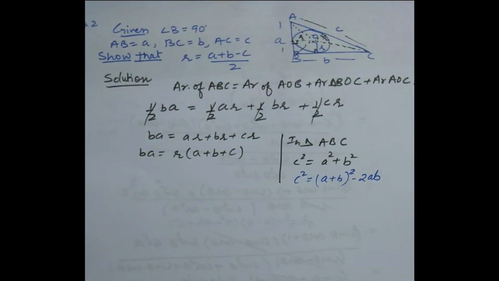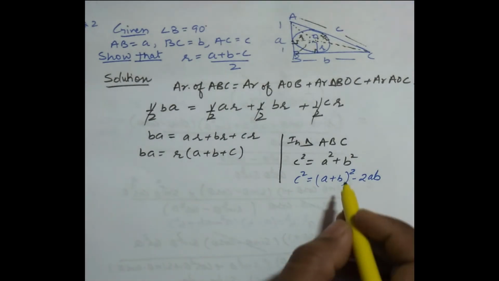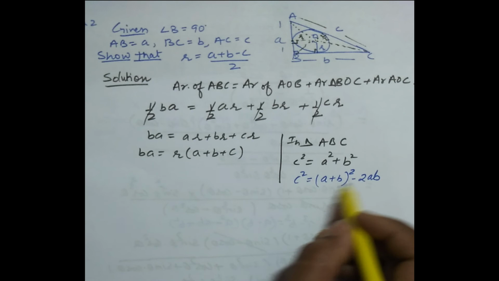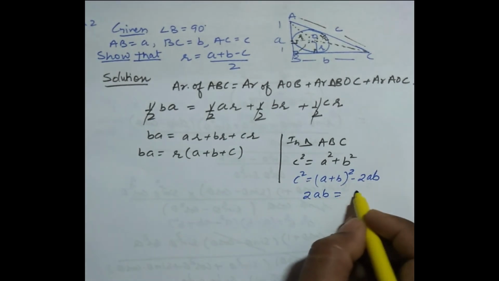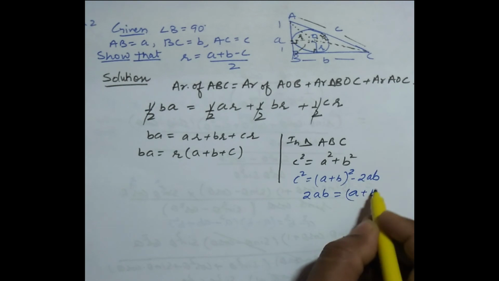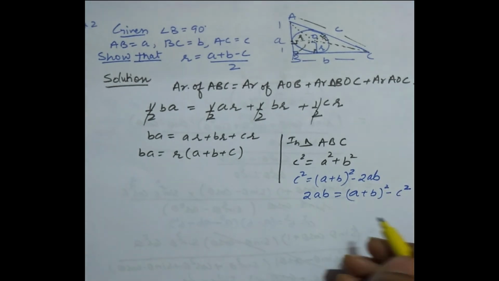Now you may ask why we are writing this. Somewhere we have to see how we can bring the answer. So now this is fine. From here, bring 2AB to this side. So this will become 2AB equal to A plus B whole square minus C square.